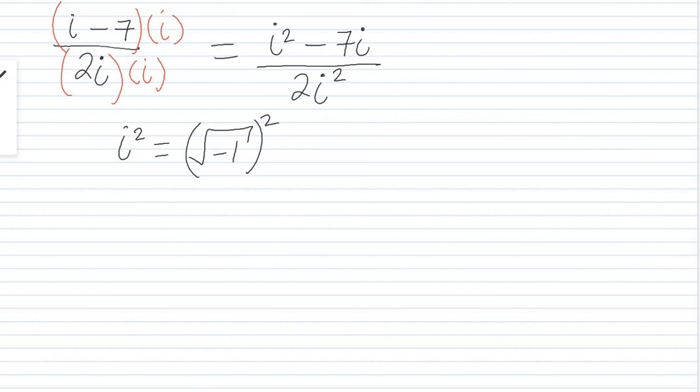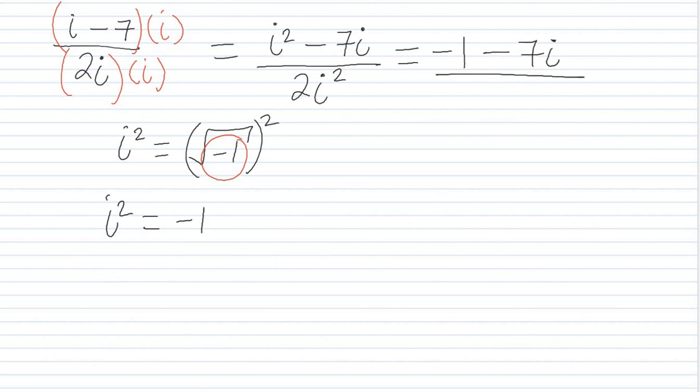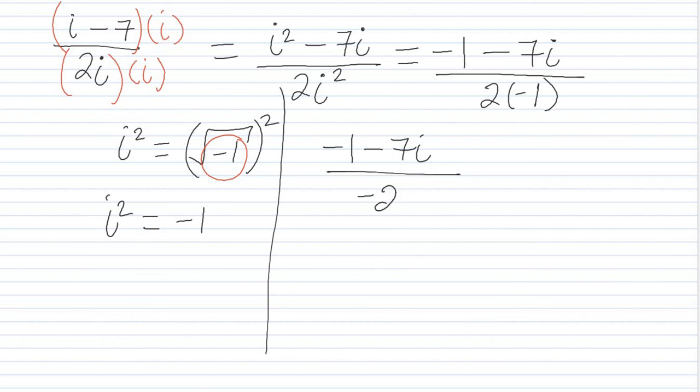So we're only interested in what is inside the square root. So therefore, we're going to have negative 1. So basically, i squared is the same thing as negative 1. So negative 1, negative 7i divided by 2 times negative 1. So therefore, our answer would be negative 1, negative 7i divided by negative 2.